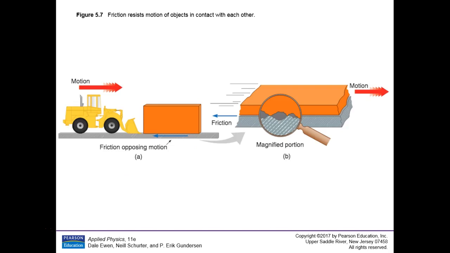If the concrete's wet, then most of this indentation here is filled with water. And now, even though water won't support this, it still lubricates a little bit, and now the coefficient is much less. Now, what if that is coated with ice?